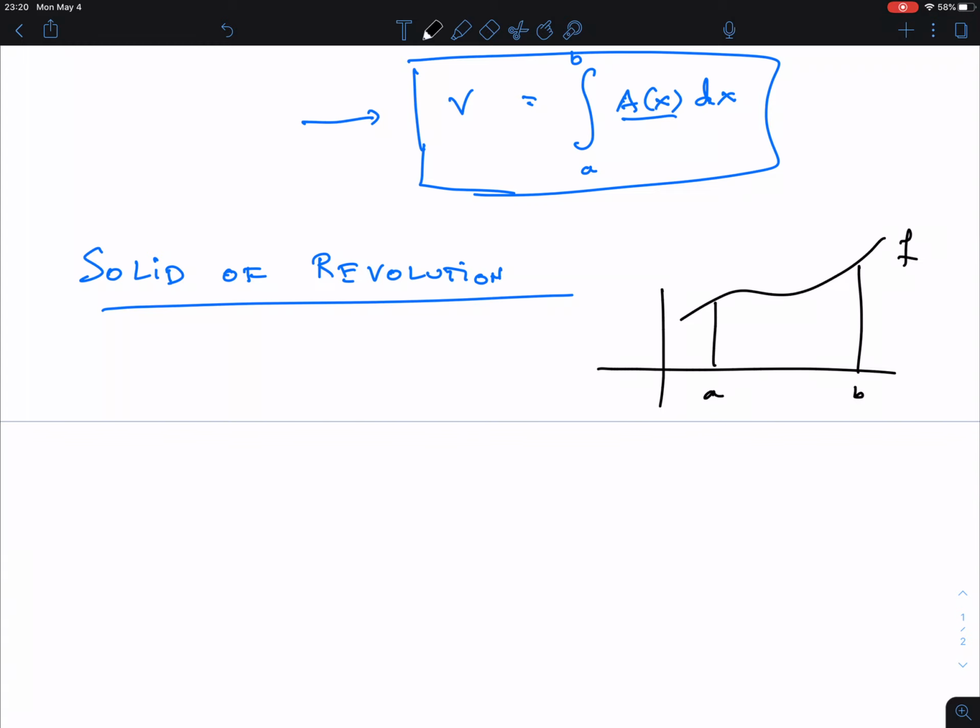For simplicity, I'm taking the region above the x-axis. This is a region that I'm now going to rotate around the x-axis. So I put myself in a three-dimensional setup and rotate it, and I get a kind of vase, where these are the sides of the vase, this would be the base of the vase, and this will become the top of the vase.